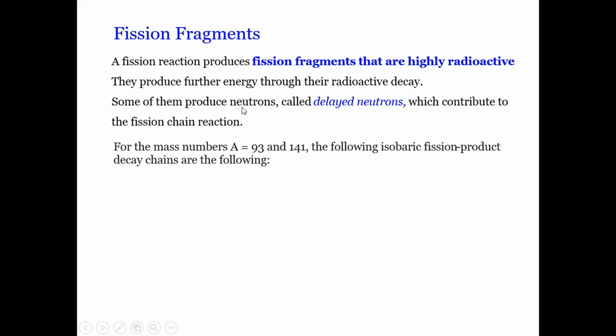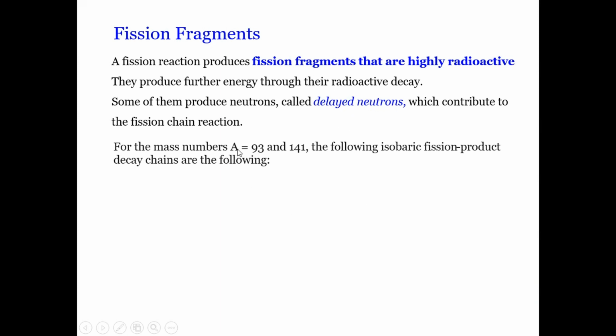Some of them produce neutrons after they decay, and these neutrons are called delayed neutrons. The prompt neutron is that neutron which was instantaneously produced in a fission, along with the fission fragment. The delayed neutrons are those which are produced after the fission fragments decay after a certain amount of time, but they also contribute to the coming chain reactions.